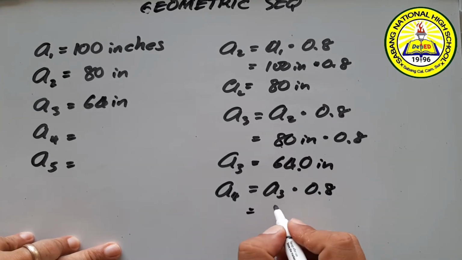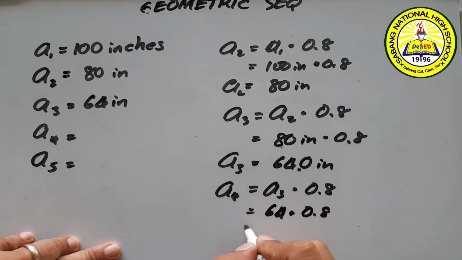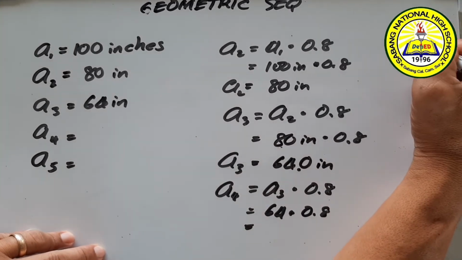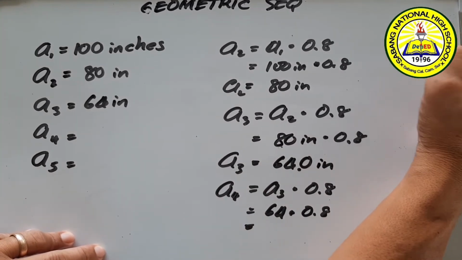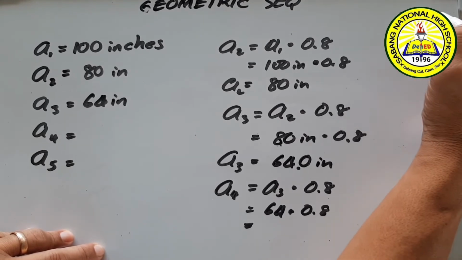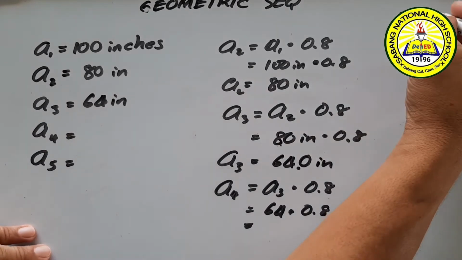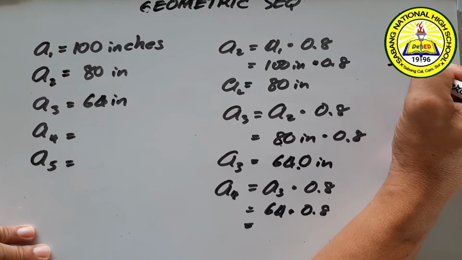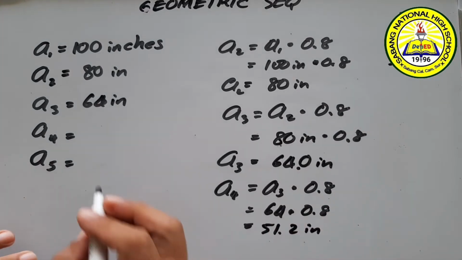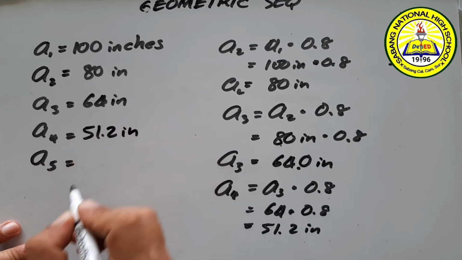So, that is 64 times 0.8. 8 times 4 is 32, 2, carry 3. 8 times 6, 48, 48, 49, 50, 51. So we have 51.2 inches.